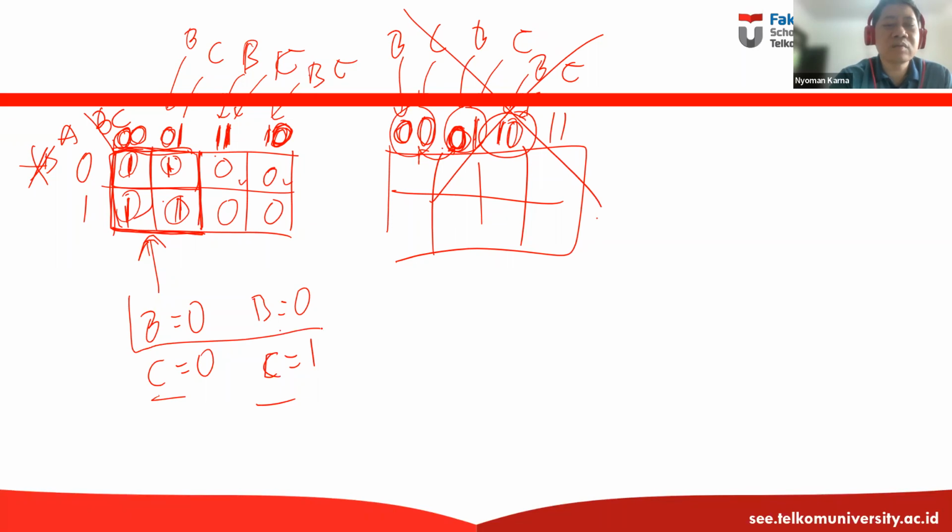This is the same thing, which is B 0. So the identification is when B is 0, because when B is 0, it will cover all this block. So the simplest function is B not, when B is 0.